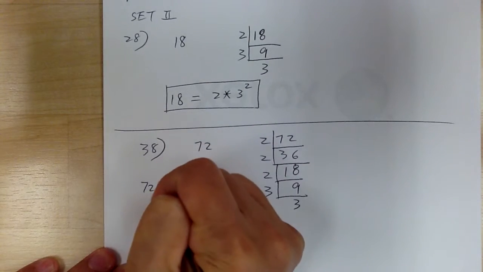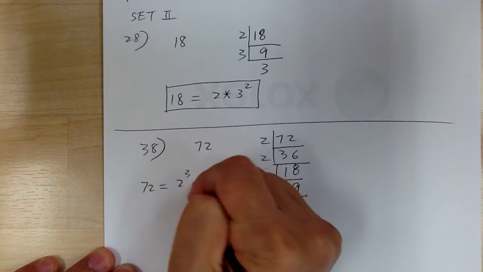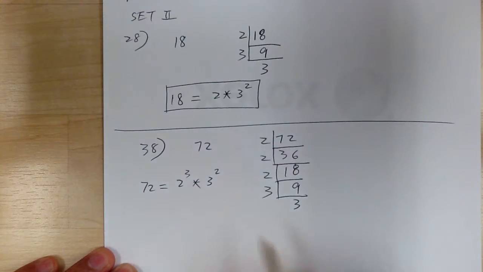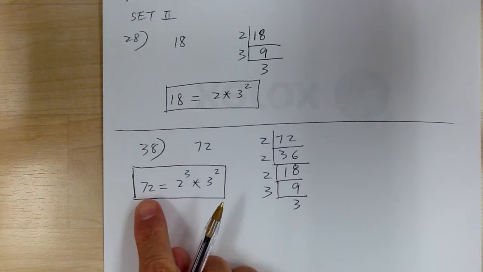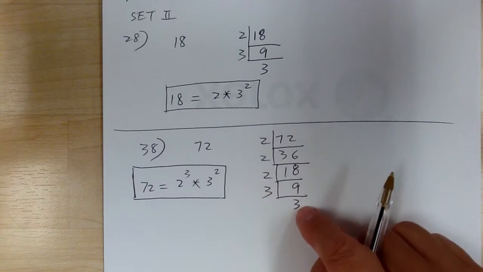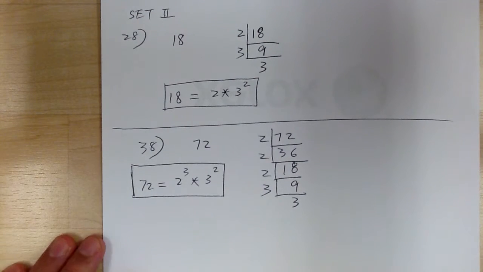So 72 is made out of 2, 2, and 2, so that's 2 to the 3rd power. And you have 3 and 3, so that's 3 squared. So that is your prime factorization. You want to find out what 72 is made of. So it's made out of 2, 2, 2, 3, 3. Okay? So that's what the prime factorization is. Okay, so let's go ahead and do some practice.